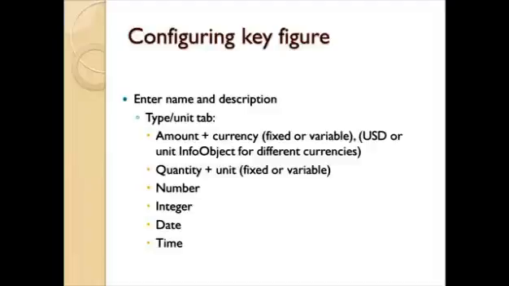If it's an amount, we need to specify a currency, and we can specify a fixed currency or a variable currency. A fixed currency may be US dollars, Canadian dollars, Japanese yen, and so on. Or if we are dealing with many different countries, it would probably be easier to define a unit info object for different currencies.